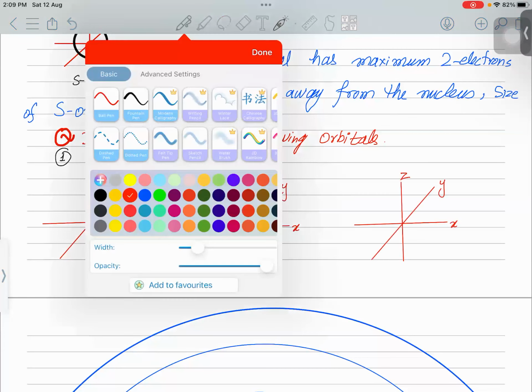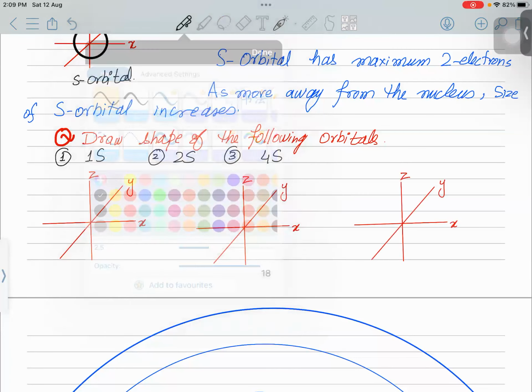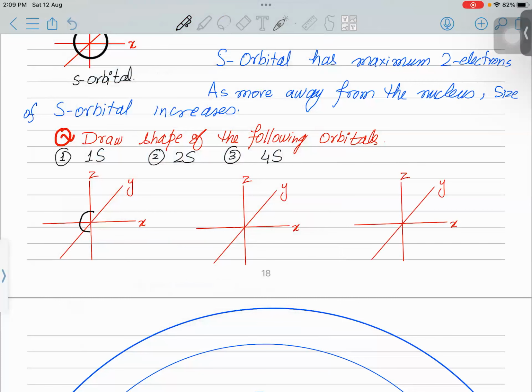Now let's suppose this is 1s. 2s is double of 1s, and 4s is double of 2s. This is 1s, this is 2s, this is 4s. Are you getting my point or not?